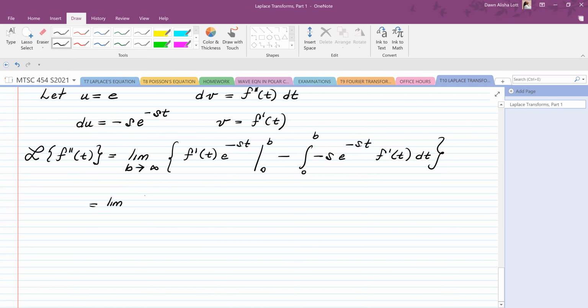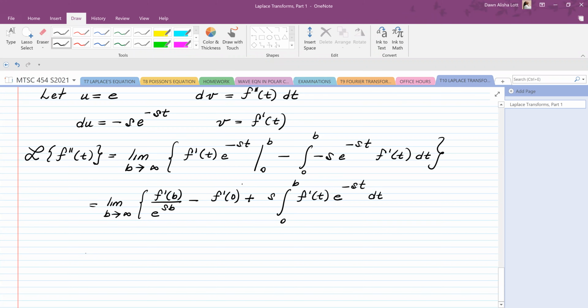So the first term is f prime at b over e to the sb, minus f prime at 0, and then plus s times the integral from 0 to b of f prime of t e to the minus st dt.